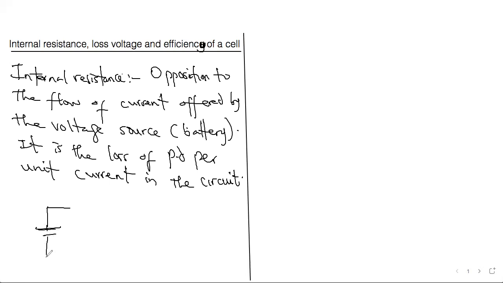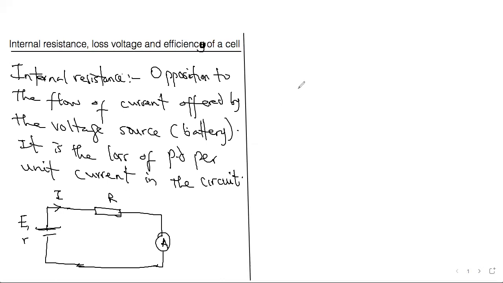Let's say you have this circuit and you have a resistance connected in series to it, and you have an ammeter here. Okay. So if the cell E has an internal resistance r and it is connected to a resistor R and a current I flowing through it.